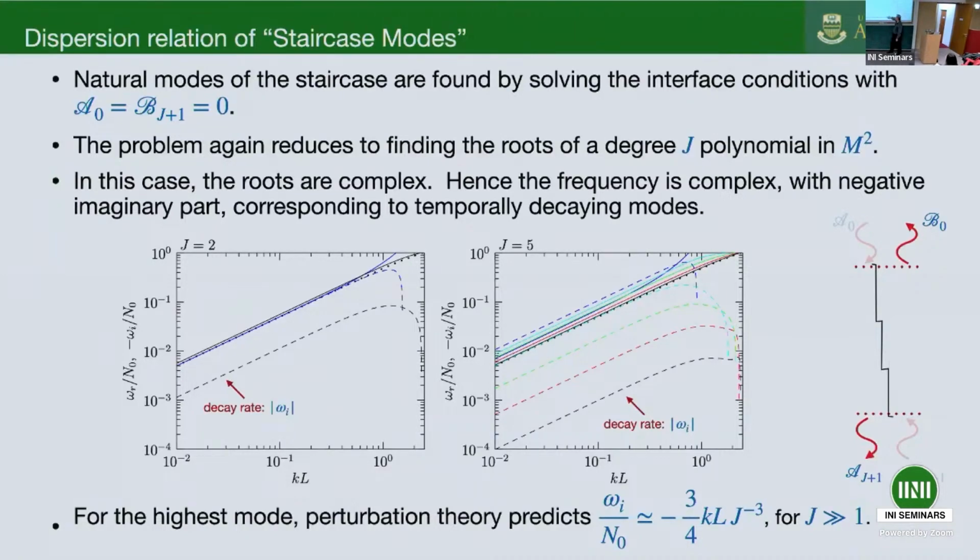As you increase the number of steps, the slowest growth rate, which corresponds again to the mode that's really close to that critical point, is really small. And as you increase the number of steps, the growth rate gets smaller, sorry, the decay rate, I should say, gets smaller and smaller and smaller. And it turns out it goes as the step size to the minus third power.